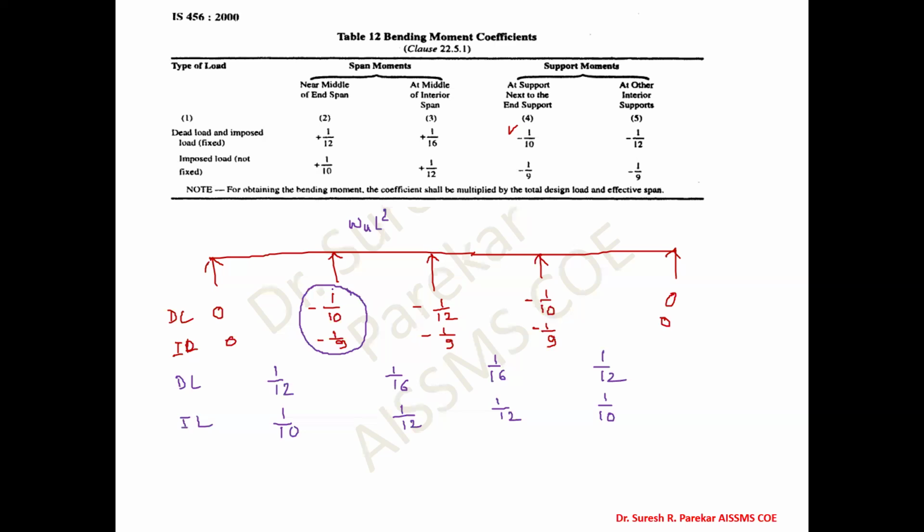So then we have actually a redistribution of moments. So once we got these values, and if we asked what is the redistribution, so why we will go redistribution, that is most important one. So we have, if I will go for the bending moment diagram, then we have bending moment diagram in this fashion.